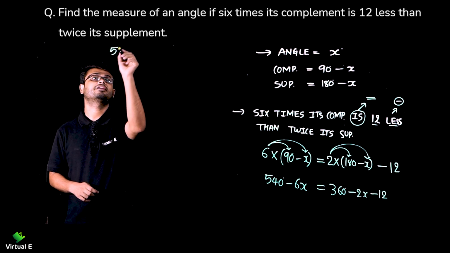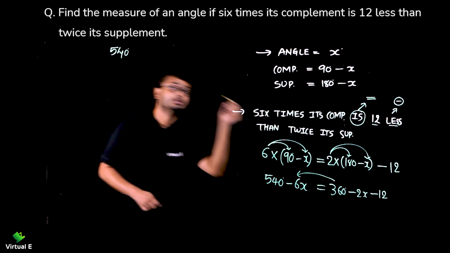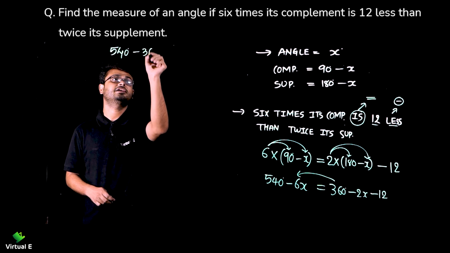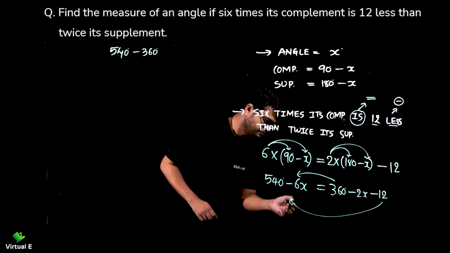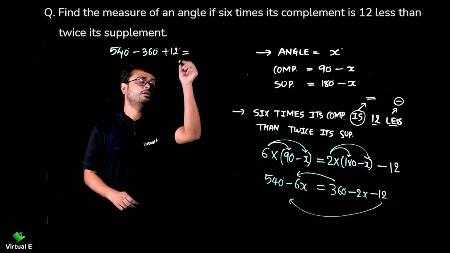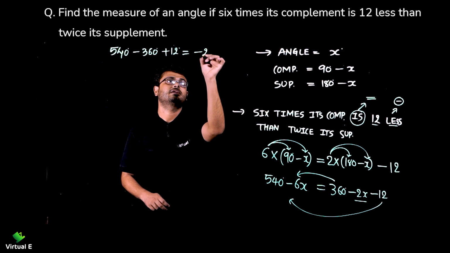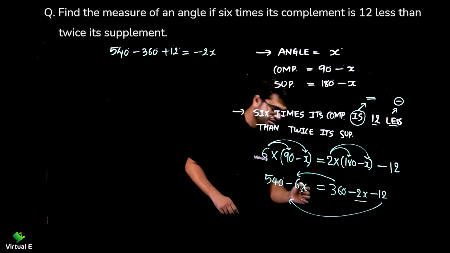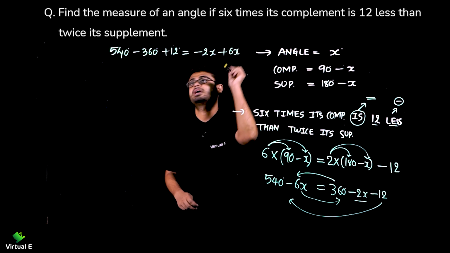So that's what I'm going to do. 540, and 360 shifted over here will become negative, and the number 12 as well will become positive. On the RHS you have minus 2x, and we are shifting 6x over there, so that will become plus 6x.